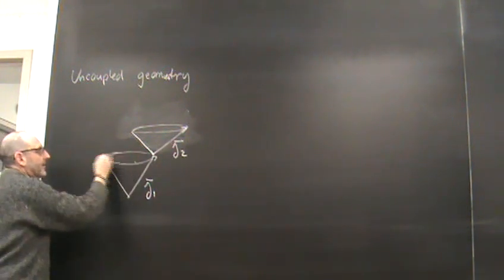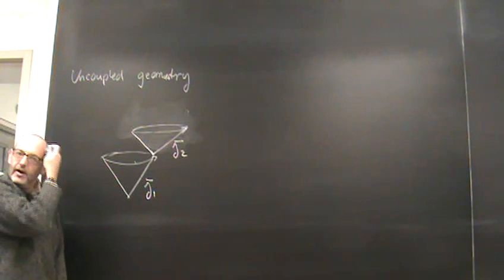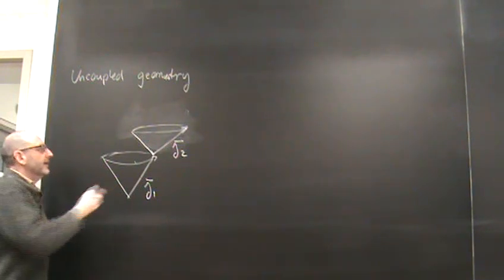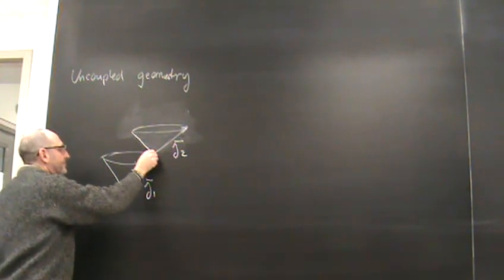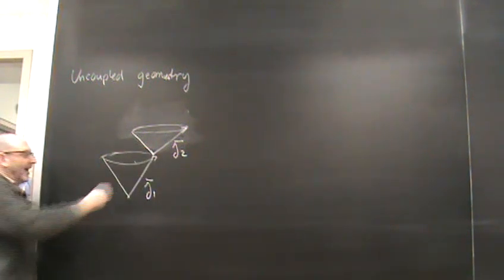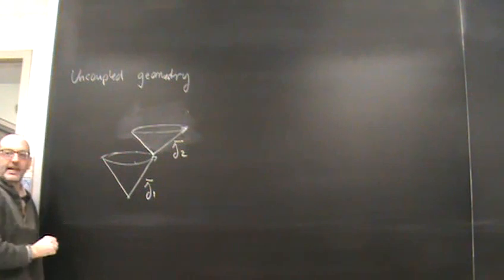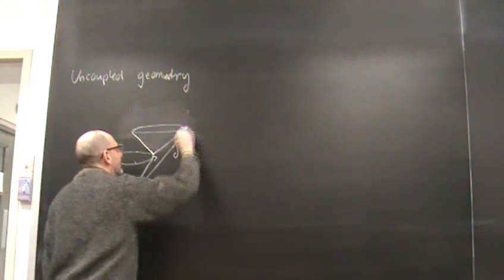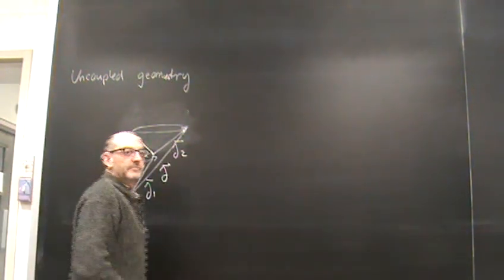Each one of them lies somewhere on this cone. And the bottom of that cone can be anywhere on this cone. And then the total angular momentum, J, is this.